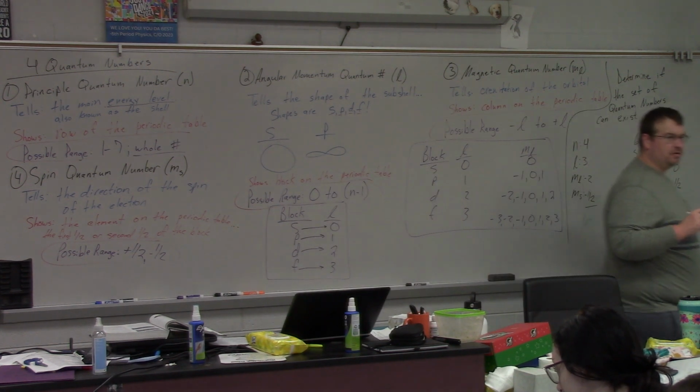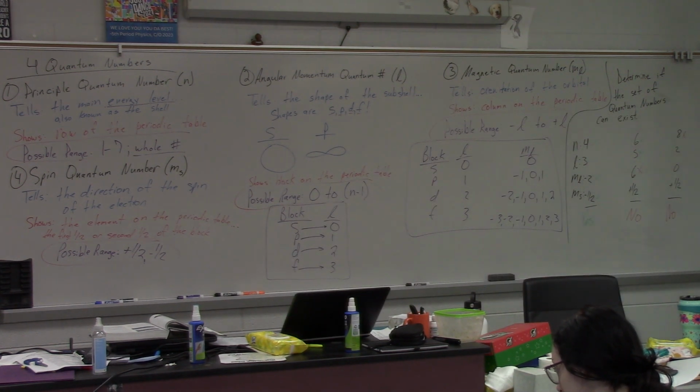I'm going to tell you, there are some of you in this room that are not going to listen to me right now. You're going to let yourself get confused. When do we use the possible ranges? Possible ranges are used with determining if the quantum numbers can or cannot exist. How y'all feeling? Good. I threw tons of information at you.